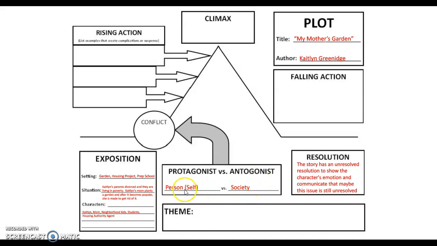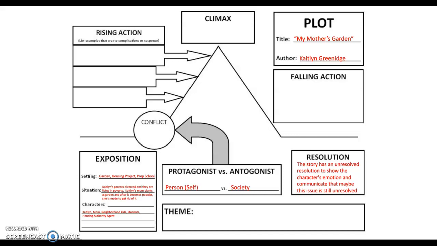So we talked about how it's Caitlin herself versus society, and the students who came up with society said she's against the stereotype of the welfare queen, which is what a lot of people in society were thinking. She's against the way that people treat people in poverty and housing projects, and so she is definitely in conflict with some of society.